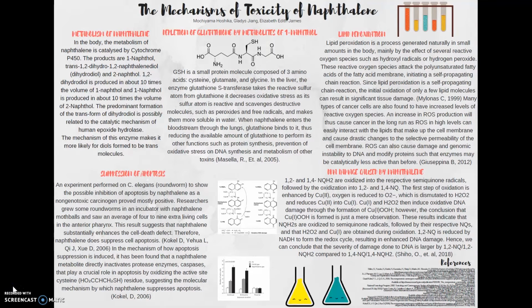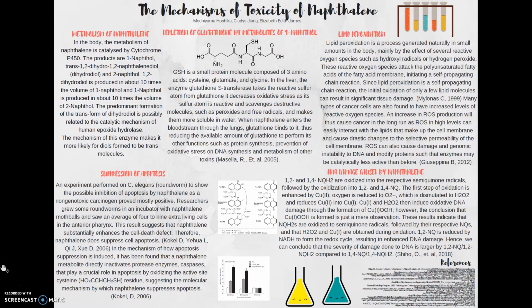So for oxidative damage to DNA by the naphthalene metabolites, 1,2 and 1,4-NQH2 are oxidized into their respective semiquinone radicals, followed by the oxidation into 1,2 and 1,4-NQ. The first step of oxidation is enhanced by the copper-2 ion, where oxygen is reduced to O2-, which is then dismutated to H2O2, hydrogen peroxide, and reduced copper-2 ions into copper-1 ions.